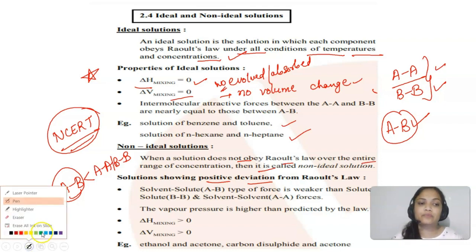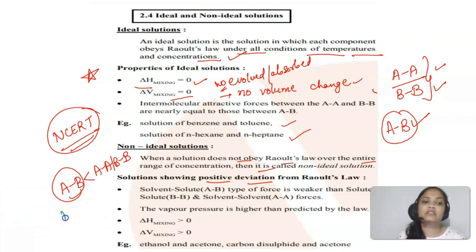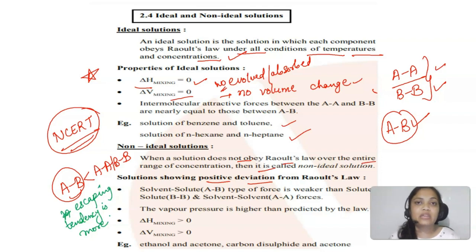And I have just told you that the vapor pressure is directly proportional to the escaping tendency. So the escaping tendency would be more, the vapor pressure would be more, and that's what is written here. Vapor pressure is higher than what is predicted by Raoult's law.